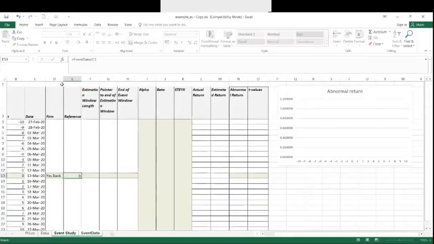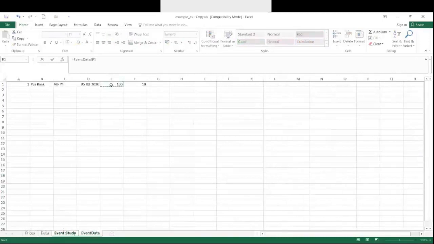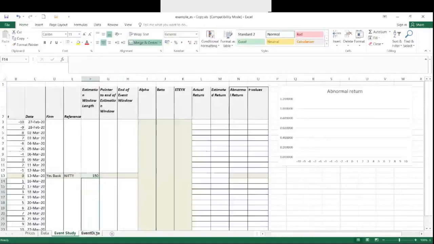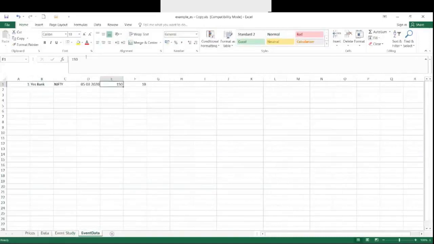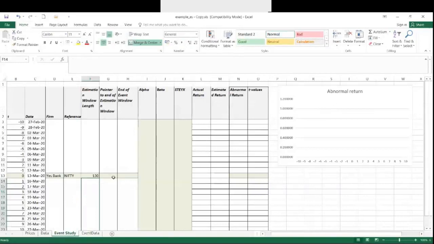Estimation window length, I've already put it there. I said 150 days, but now we have changed it to 130. So I will put 130. You'll see that it's 130 days. Pointer to the end of the estimation window.